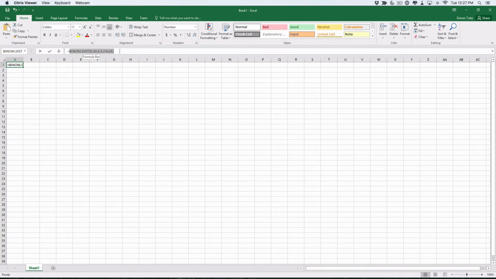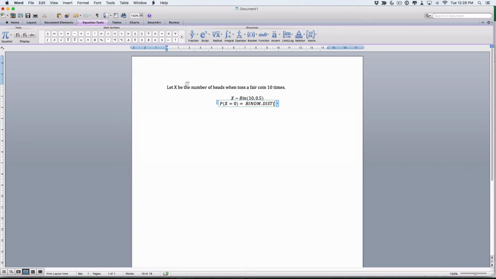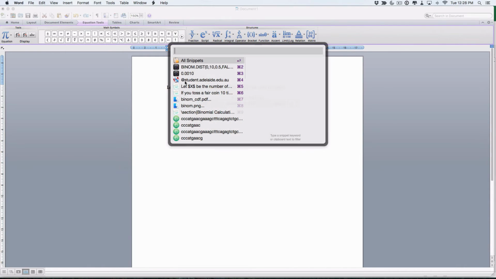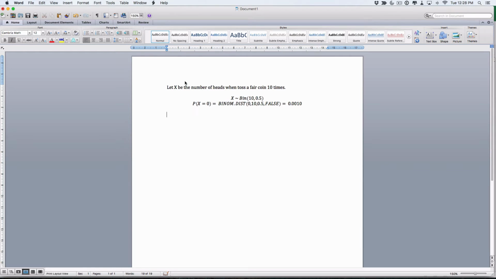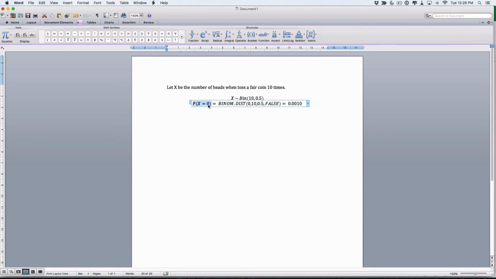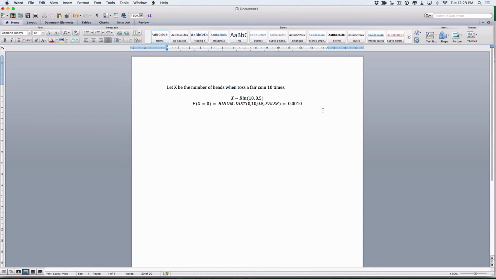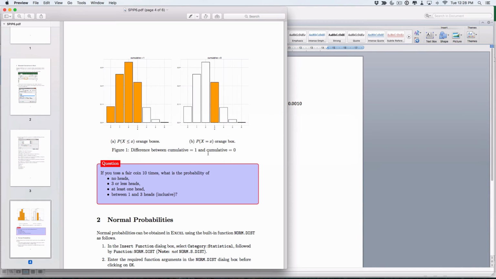In fact, I could just copy and paste this, which equals, and there was my answer. The nice thing is I've written the probability notation here, I've shown my working, I showed the Excel command that I need, and I've given the answer to 4 decimal places. Cool. Let's keep going. What's the next one?